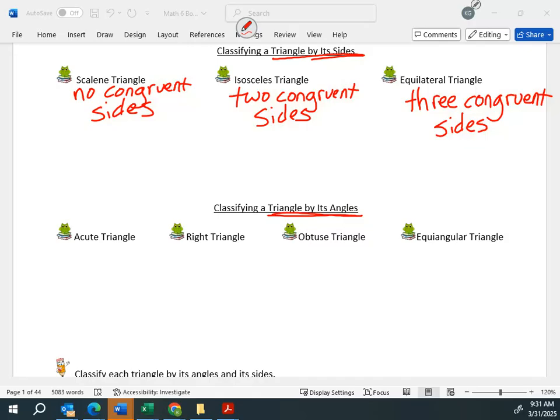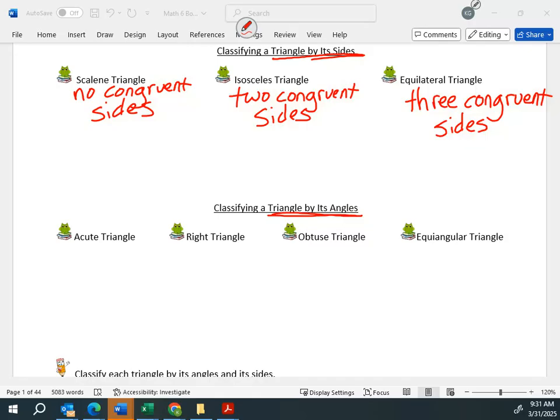On the bottom, it says triangles by angles. What is the important rule we have to remember about angles in triangles? What is our magic number when we talk about angles in triangles? Lila? 180. They all 3 together equal 180 degrees.